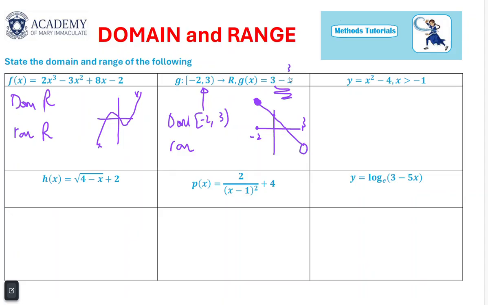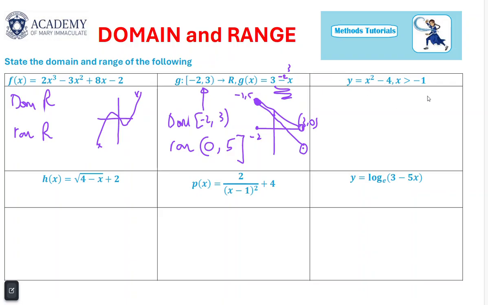So 3 minus 3 is 0, so it's actually up here, 3 and 0. And when I put in negative 2, 3 minus negative 2 is going to be added together, 5. So my range goes from 0 as the lowest, and that's not included, up to 5 included.